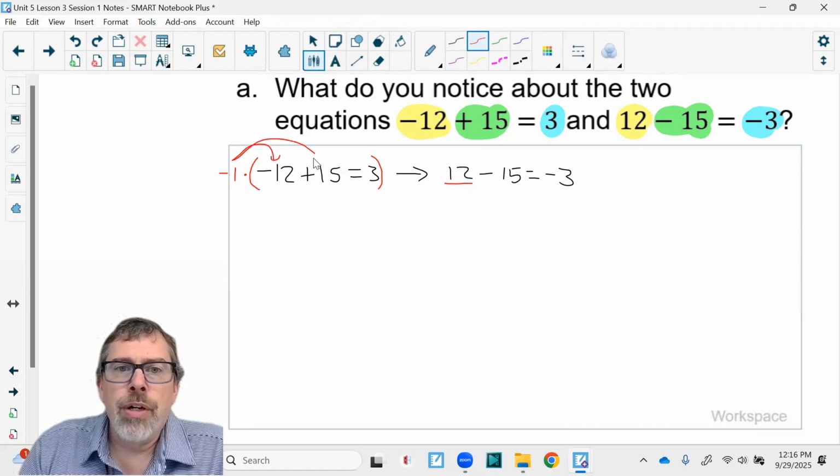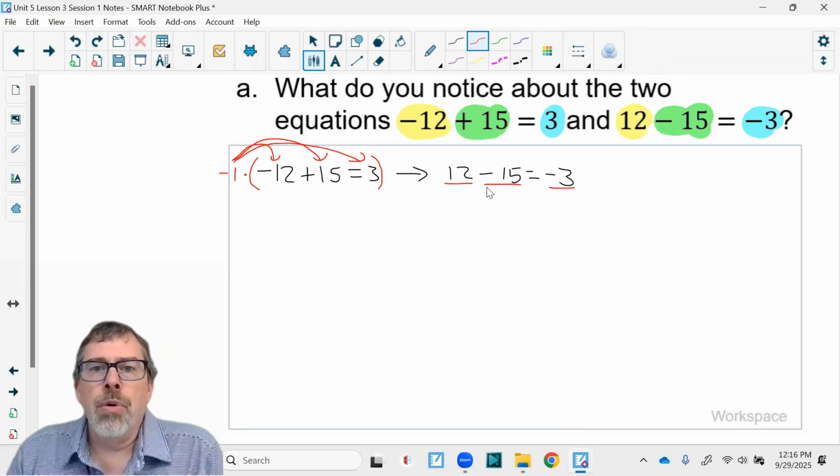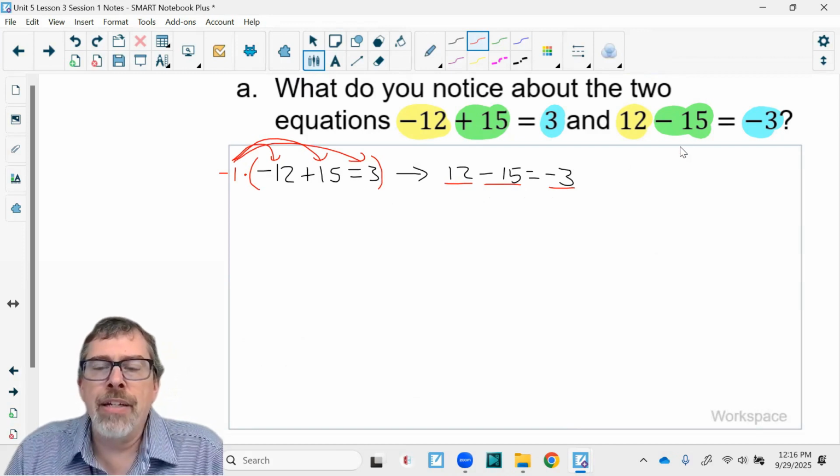A negative 1 times positive 15 is negative 15. And a negative 1 times a positive 3 is negative 3. So I notice that these are additive inverses of each value because I can multiply by negative 1 and get the new value.